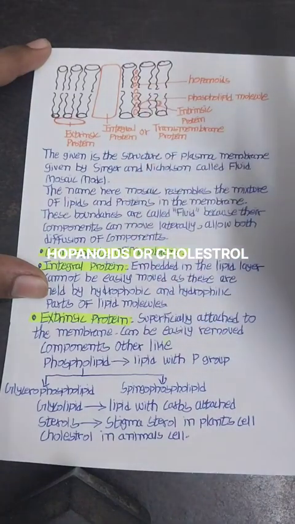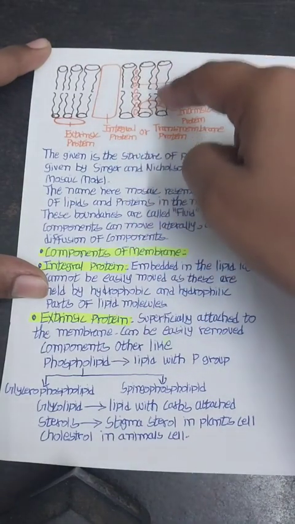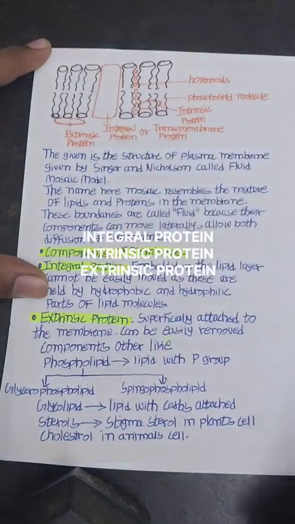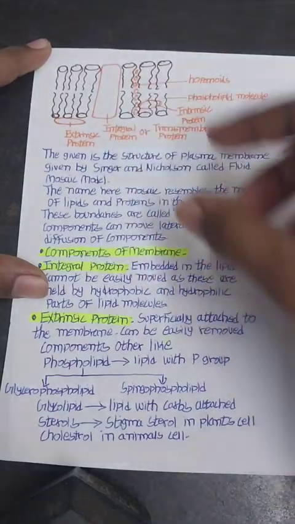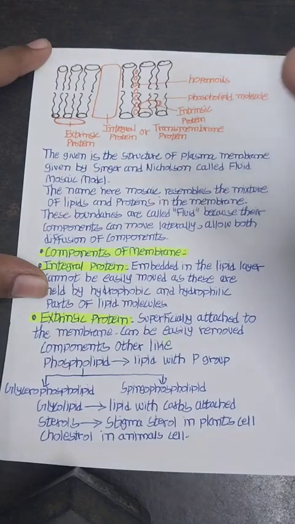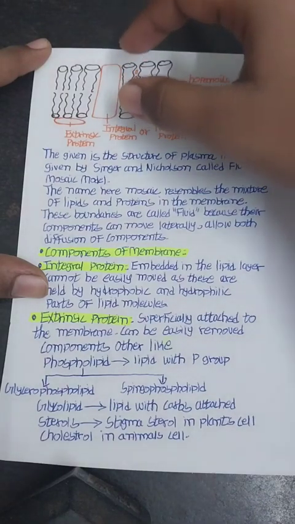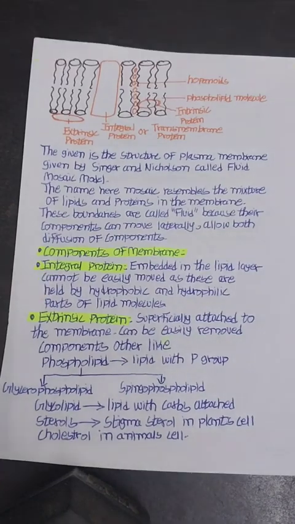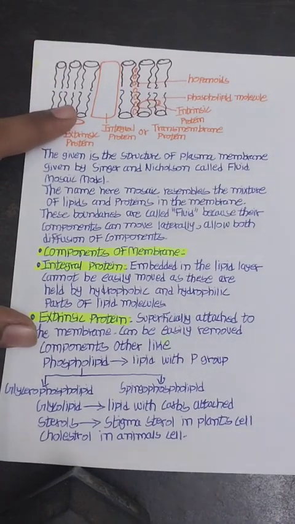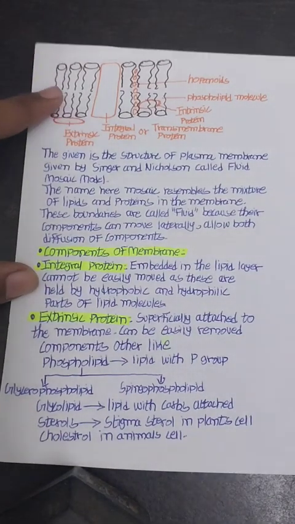Three types of proteins are found: integral proteins, intrinsic proteins and extrinsic proteins. Integral proteins are also called transmembrane proteins because this structure occupies both the outer layer and the inner layer of the membrane.